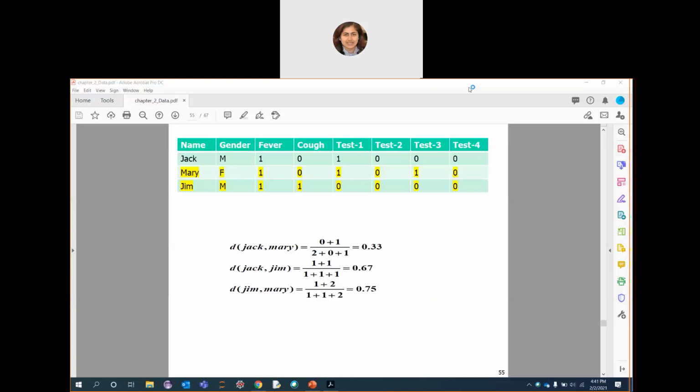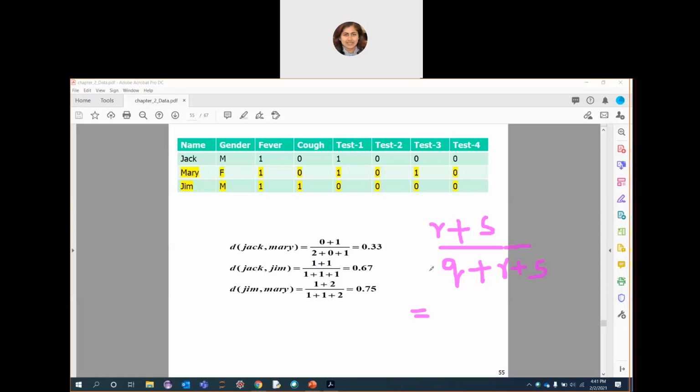The formula is R plus S divided by Q plus R plus S. Okay, so now let's find out the R, S and Q values.